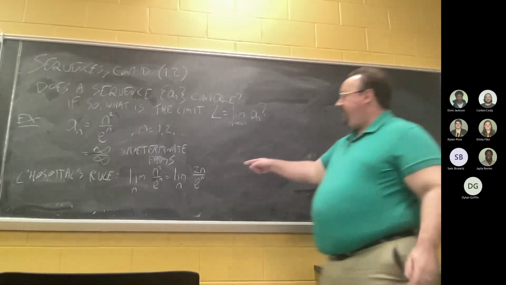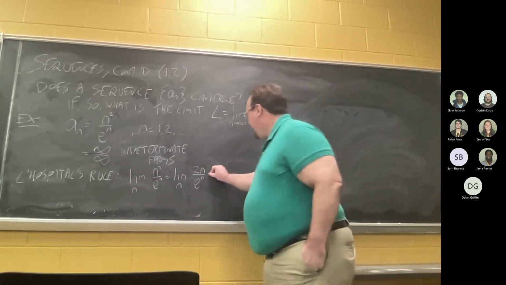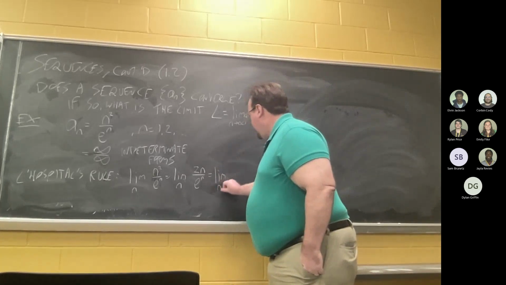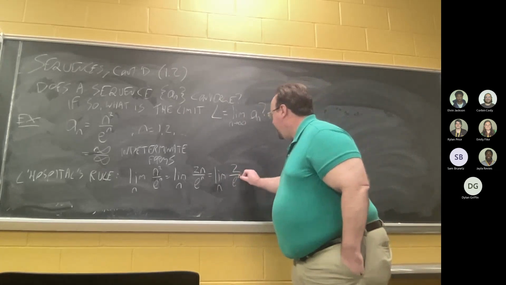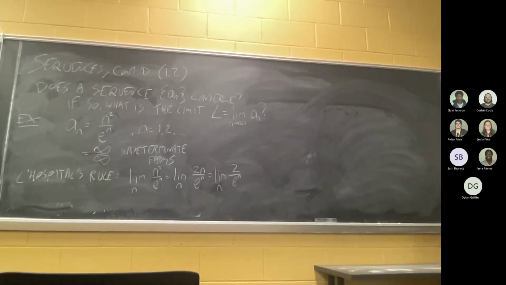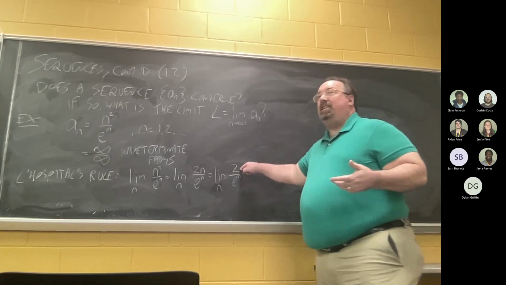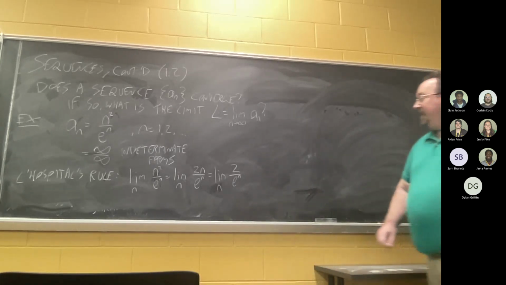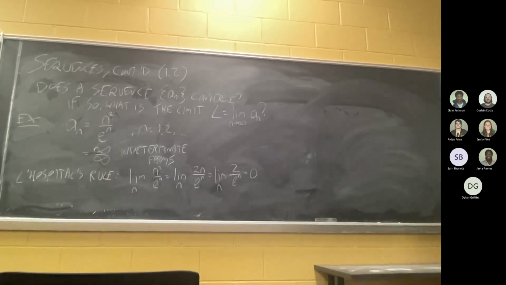So if we look at 2n over e to the n, we do it again; we get still infinity over infinity. All right. So now we're at 2 over e to the n. And so now we can't apply L'Hopital's rule anymore, but we don't need to. We have enough information to see what the limit's going to be. The numerator is constant. The denominator is going off to infinity. So from this, we can conclude the limit is 0.